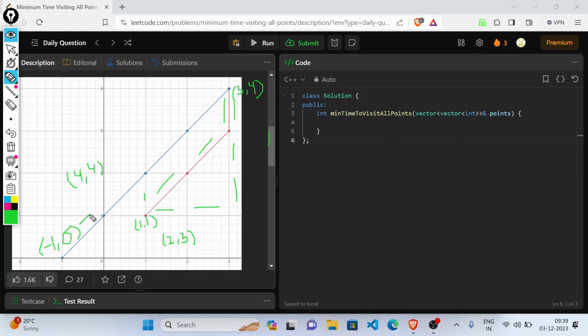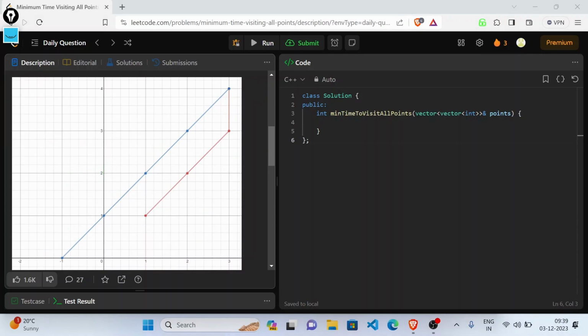So as you can see, 1, 2, 3, 4, 4 moves are required to travel from 3, 4 to minus 1, 0. So we can say that the maximum of the absolute differences between the coordinates gives us the minimum distance between these points. I hope you get this intuition.